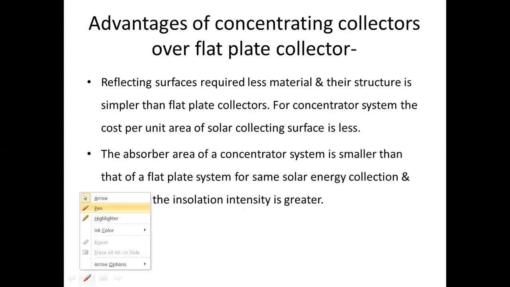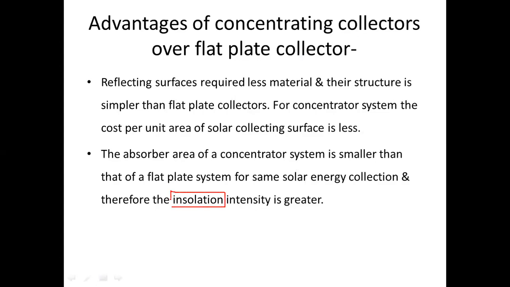If you think about insolation, it means the total radiation we are getting from the sun. Total radiation means both beam radiation as well as diffuse radiation. The intensity that we are getting from the sun is greater in case of the concentrating type collector, because we are utilizing maximum solar radiation.